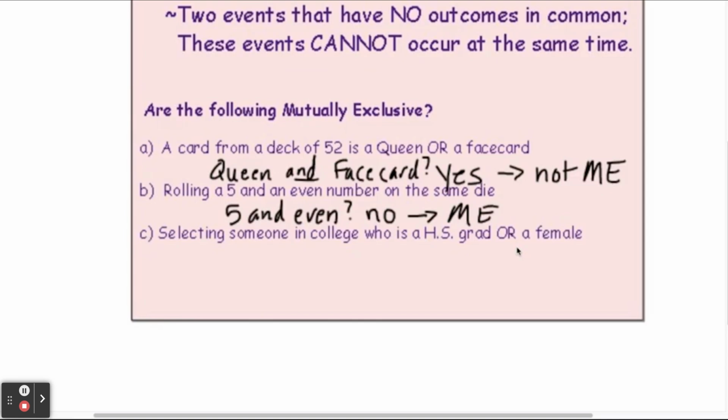Because that can happen, these two events, picking a high school grad or a female, are not mutually exclusive because they can happen at the same time. So that's our first set of examples today, looking at if things can happen at the same time, how that's going to affect our probability.